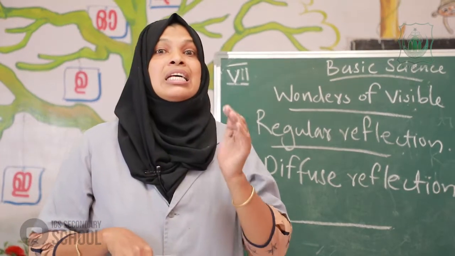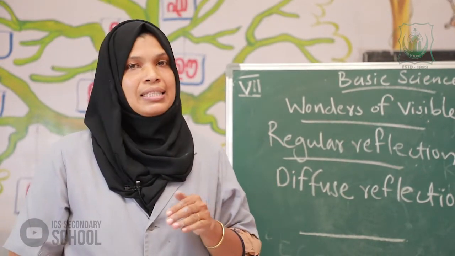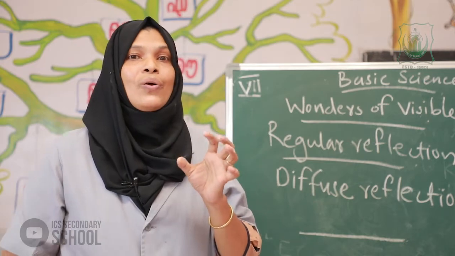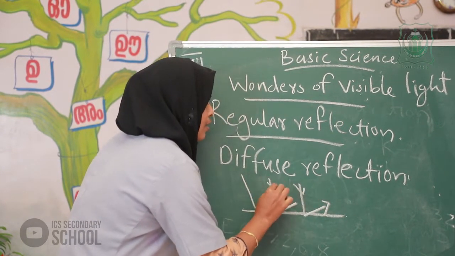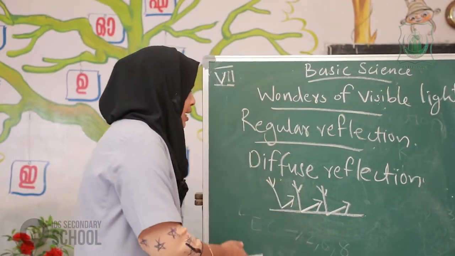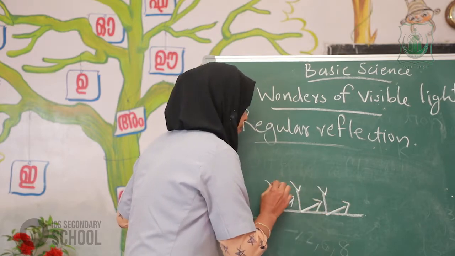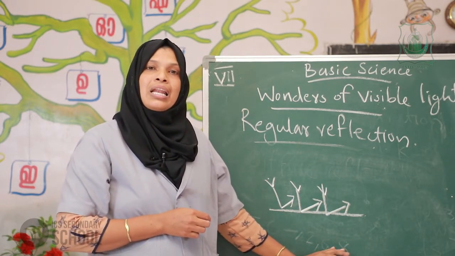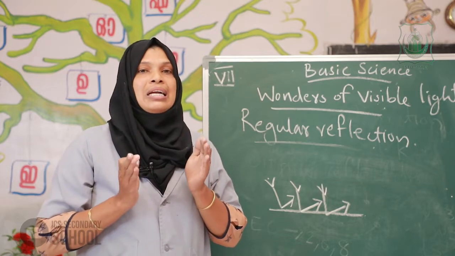When light falls on a smooth surface, it is reflected regularly, and this is known as regular reflection. Mirrors have plane or smooth surfaces and reflect light regularly.